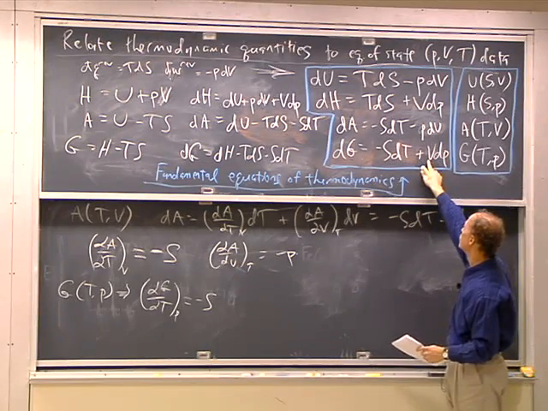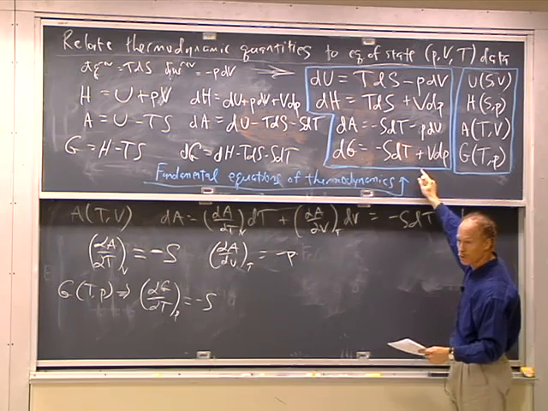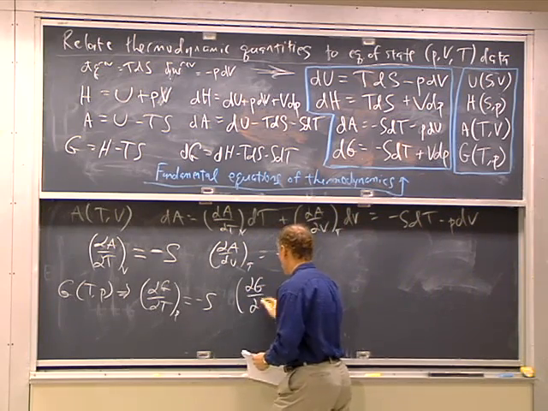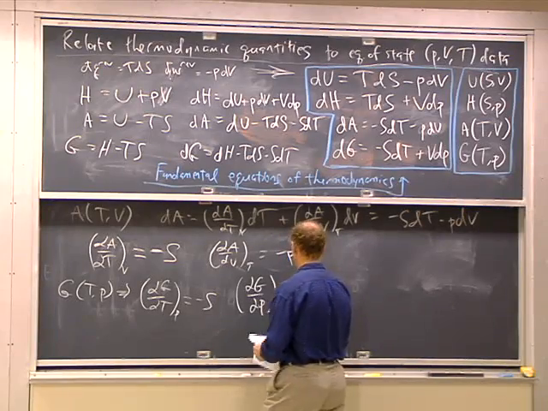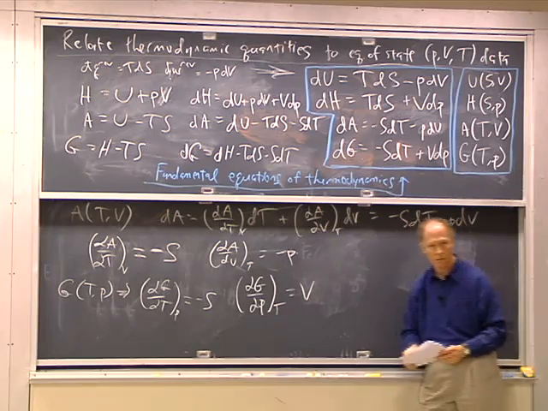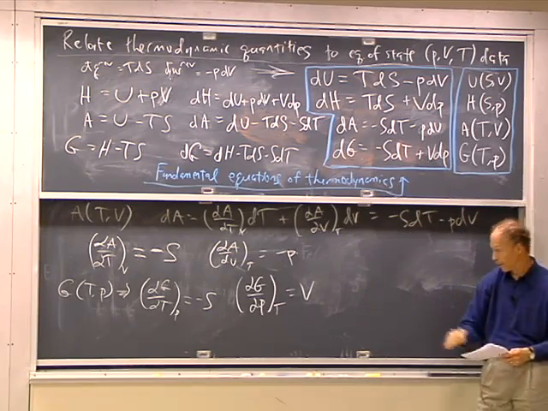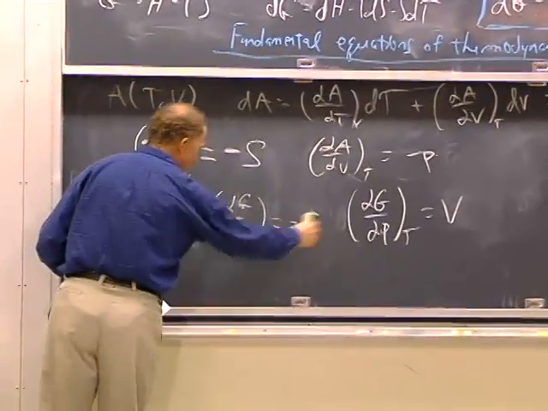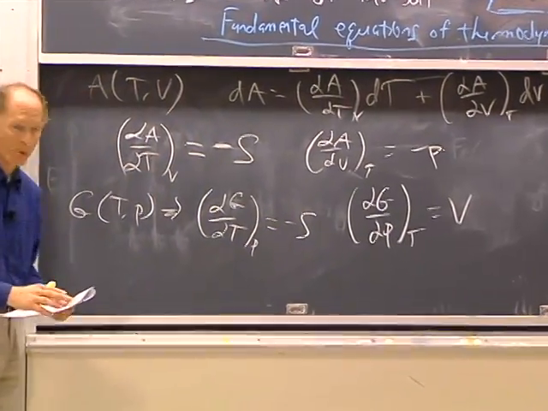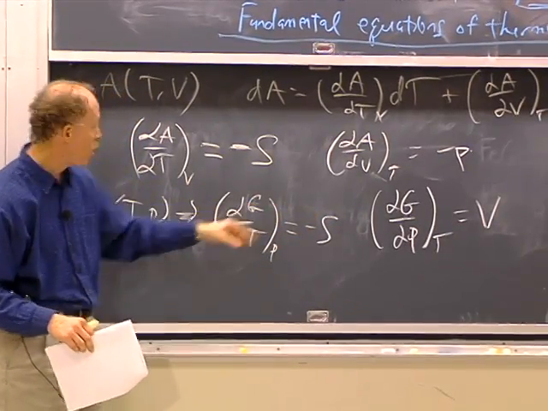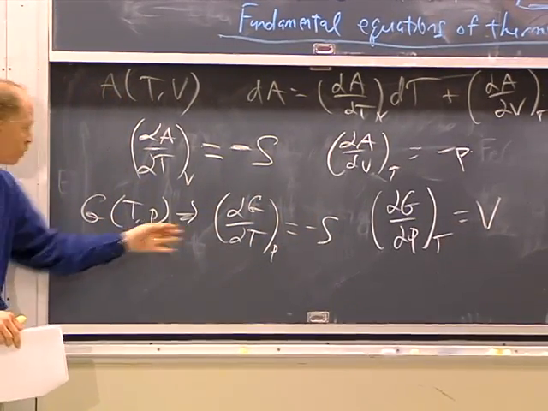And this is dG/dP at constant temperature. Okay? So again, with the Gibbs free energy, now I see how to determine, if I change the pressure, or if I change the temperature by some modest amount, how much the Gibbs free energy is going to change. Well, it's easy to see.